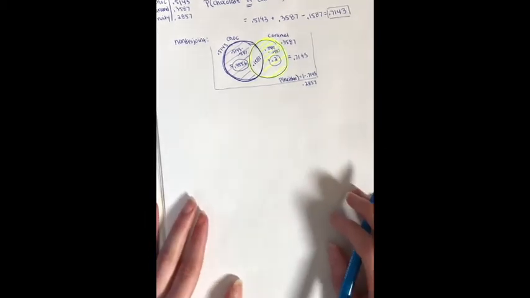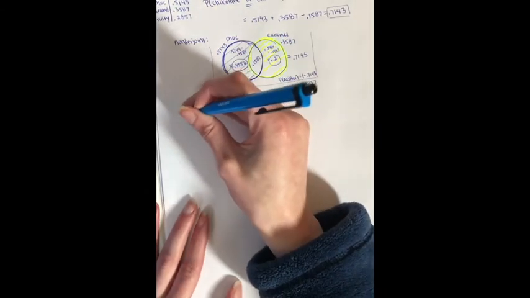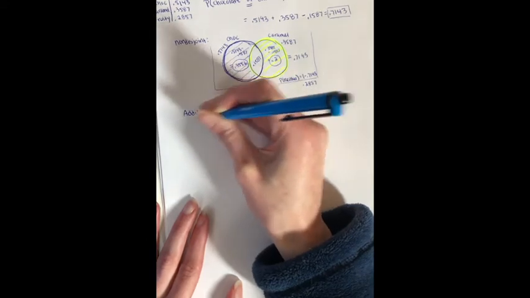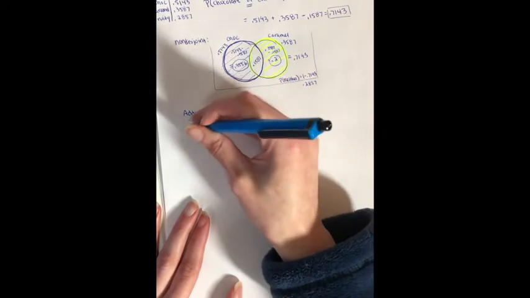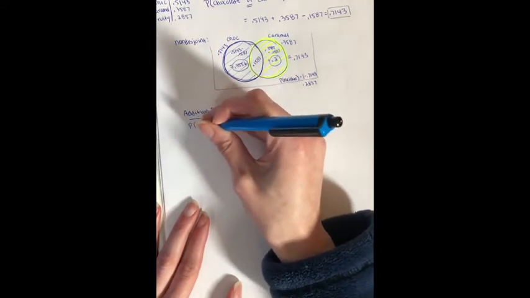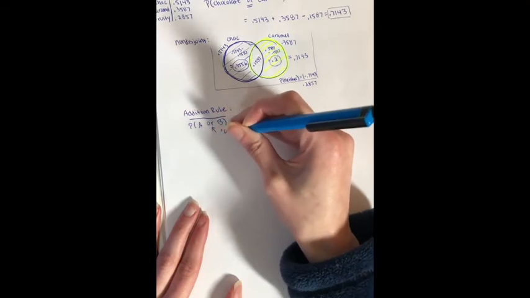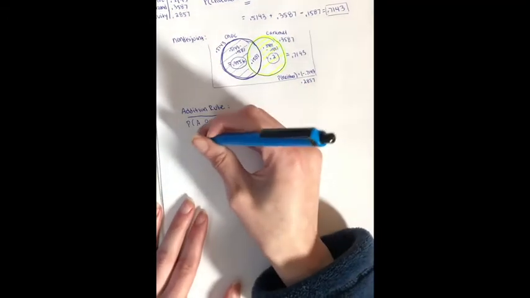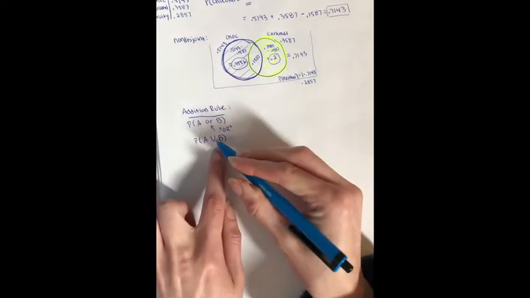Okay, so essentially what we have here is our addition rule, that's our next rule. It means P of A or B. So or is the key word for addition. Sometimes you'll see it written as P of A or B. This means or.